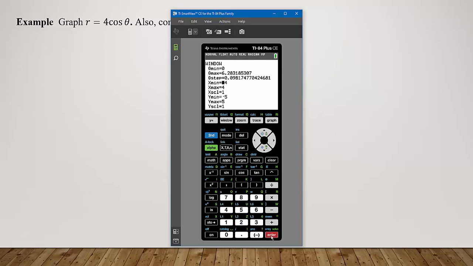For x-min I have negative 4, x-max 4. I'm just going to give it a first look with the x-min, x-max, y-min, y-max. So here comes the graph.